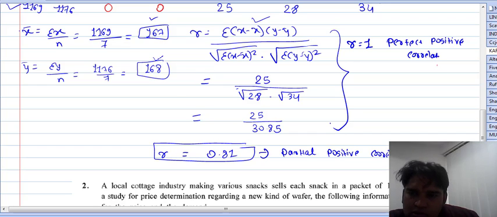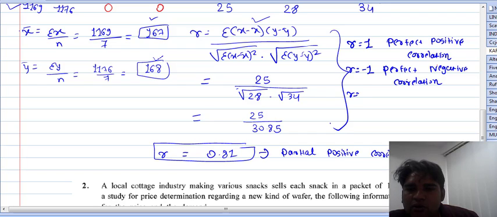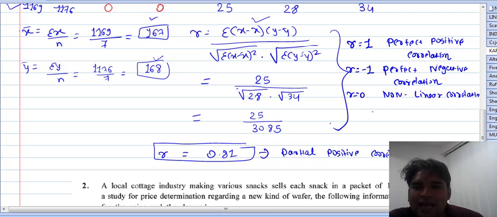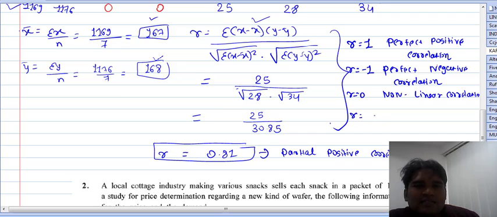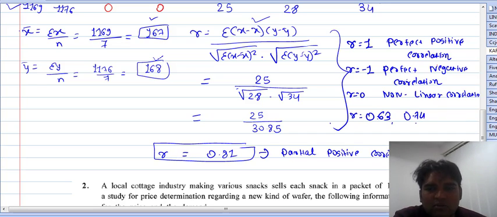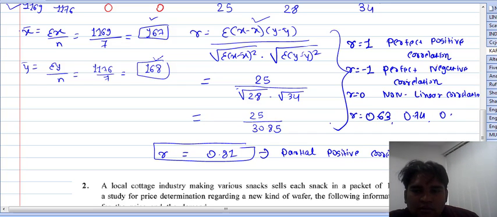And if your r is equal to exactly -1, it would become perfect negative correlation, right? And if your r is equal to 0, then it is non-linear correlation, right? And if your r answer, suppose, it would become 0.63, sometimes it's 0.63, sometimes, let's say, take example 0.74, sometimes 0.91.